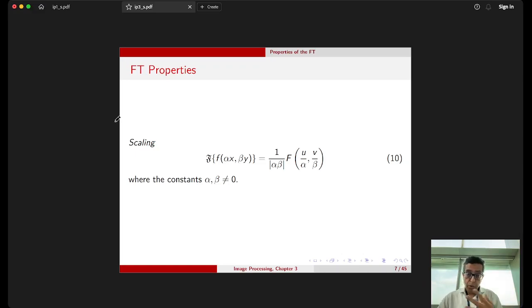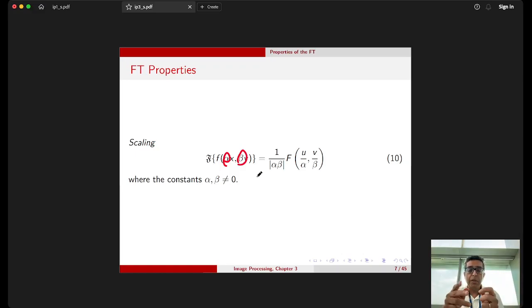Now, in the two-dimensional case, you have a similar relationship. So here, alpha and beta are not equal to 0. If alpha or beta are greater than 1, then we take an image and basically shrink it down in space.